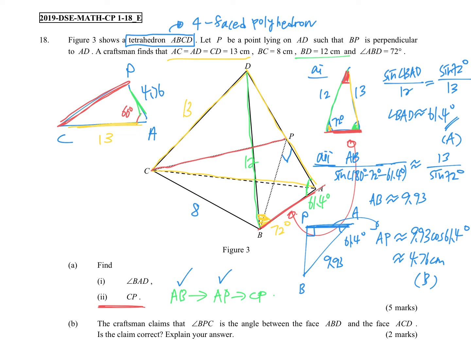And then after that, you can use the cosine formula: 13 squared plus 4.76 squared minus 2 times 13 times 4.76 times cosine 60.